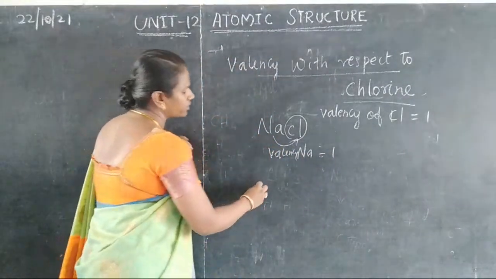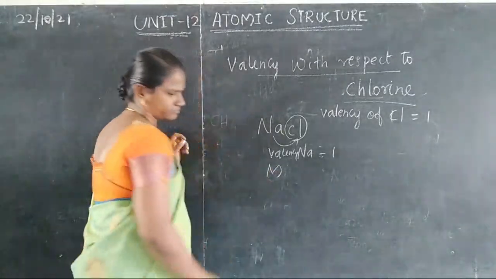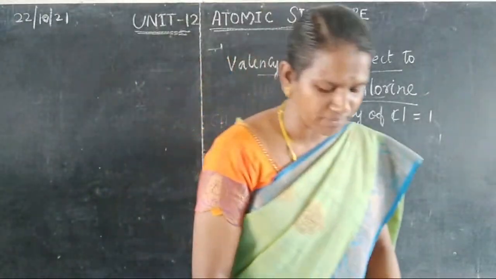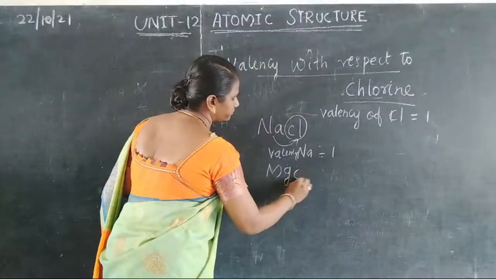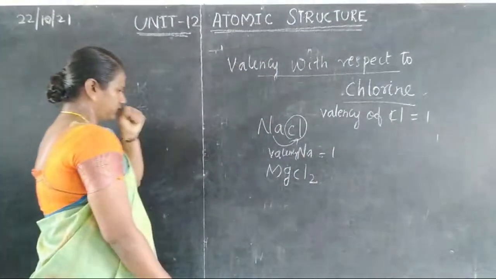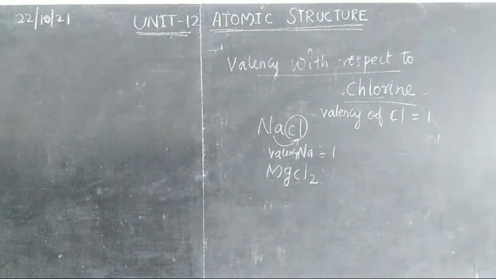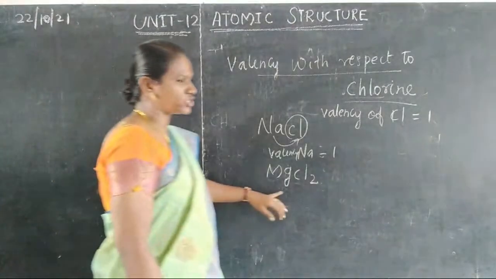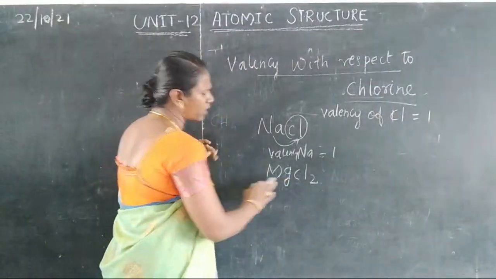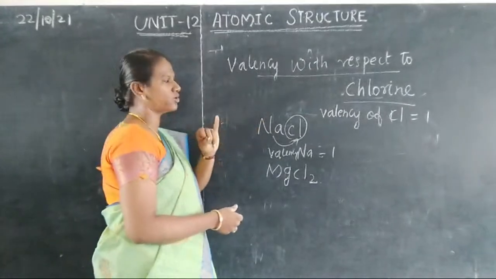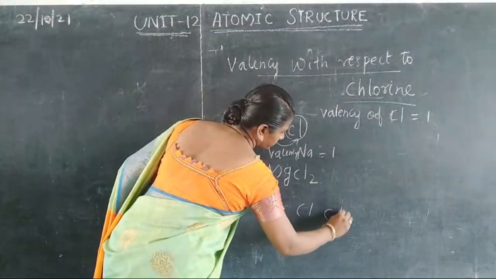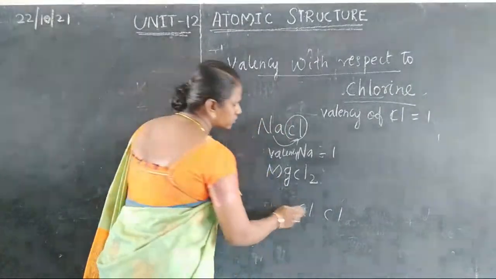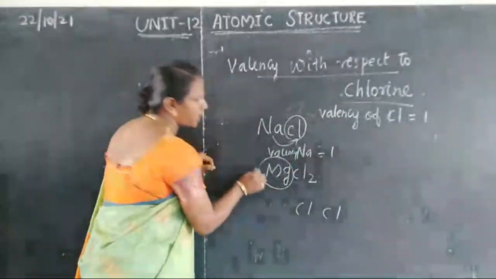And what about magnesium chloride? In magnesium chloride, we already know chlorine has a valency of 1. So there are 2 chlorine atoms, and these 2 chlorine atoms are attached with 1 magnesium.